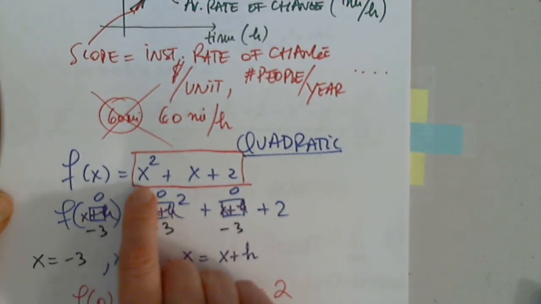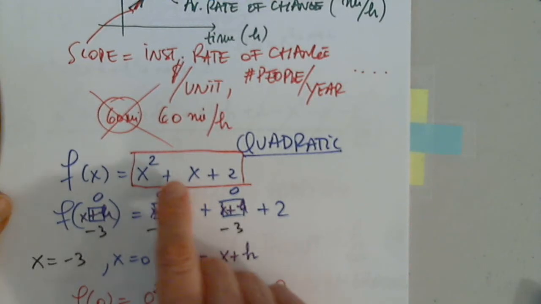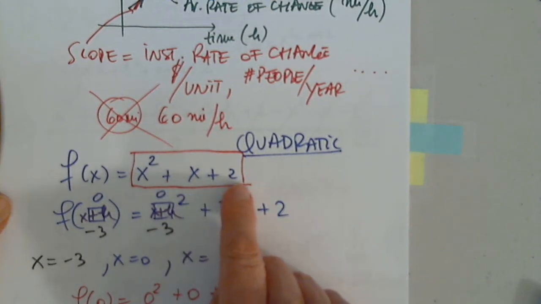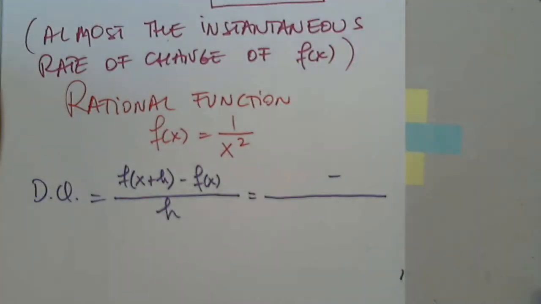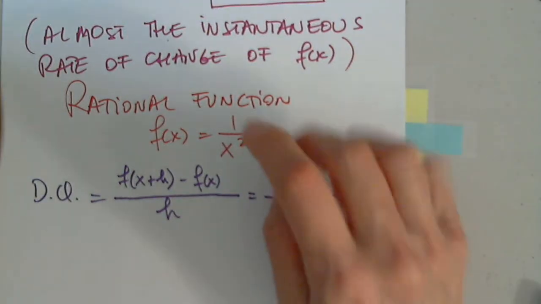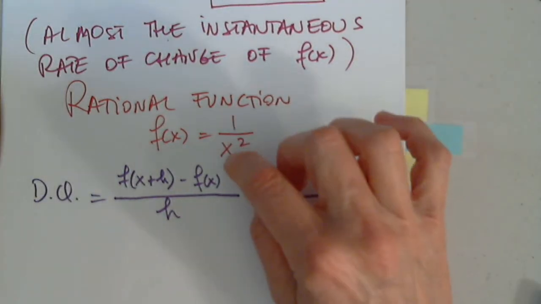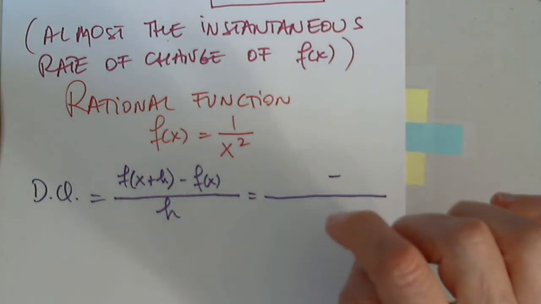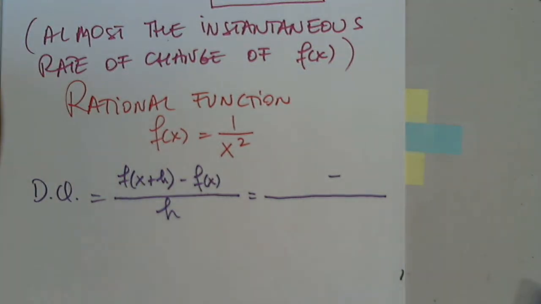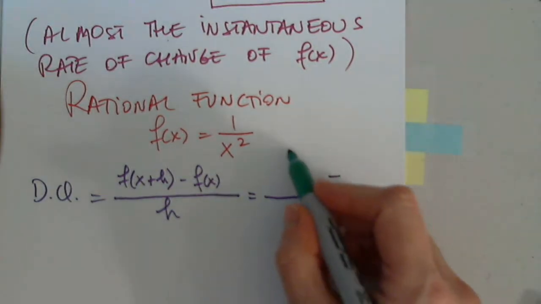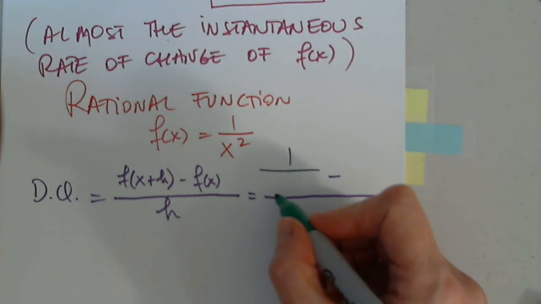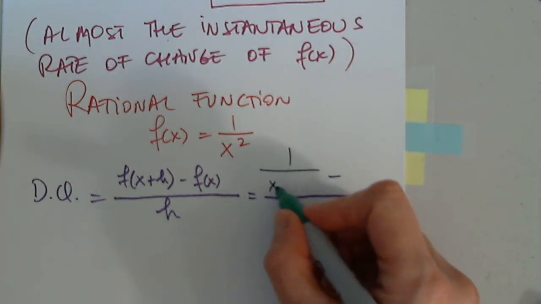The pattern says blah squared plus blah plus 2. So now the pattern here says 1 over blah squared. So let's try again. 1 over x squared plus xh.